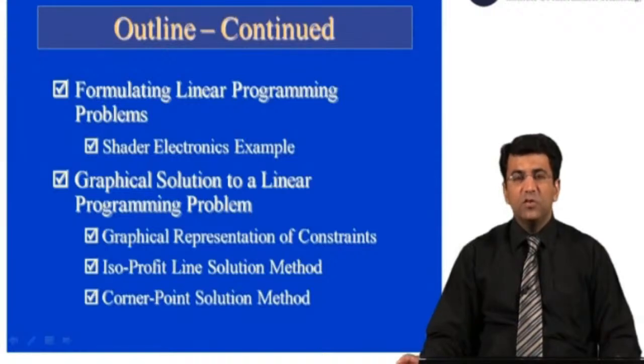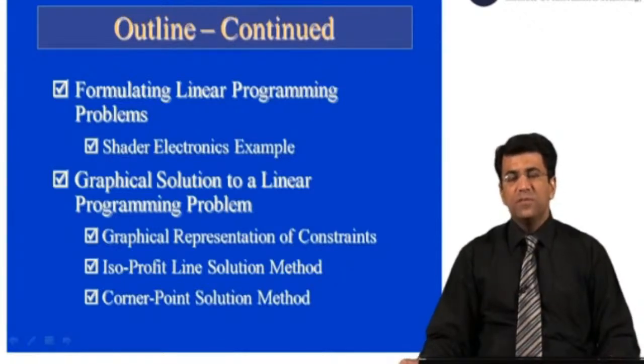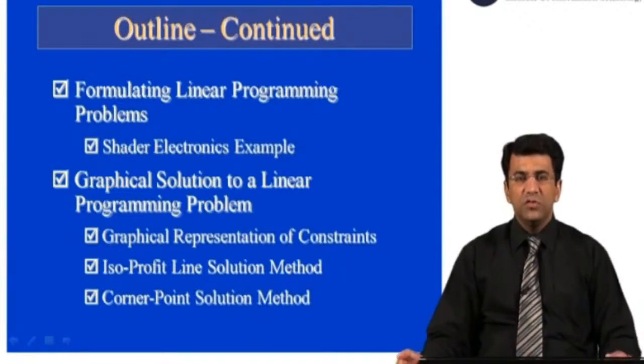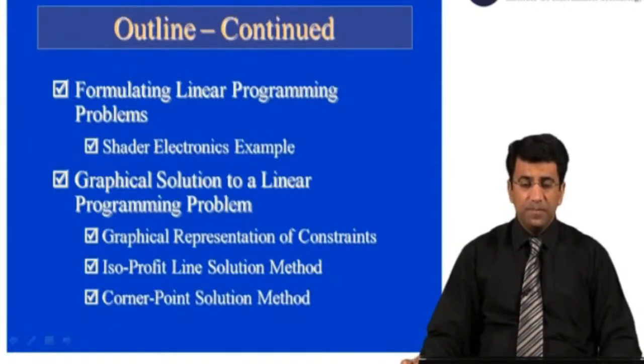One method is known as the iso-profit line method. The other is the corner point solution method. The corner point solution method is mostly used in order to achieve our linear programming objectives, but we'll also go through the iso-profit line solution, so that you can have the idea of what this solution is about.